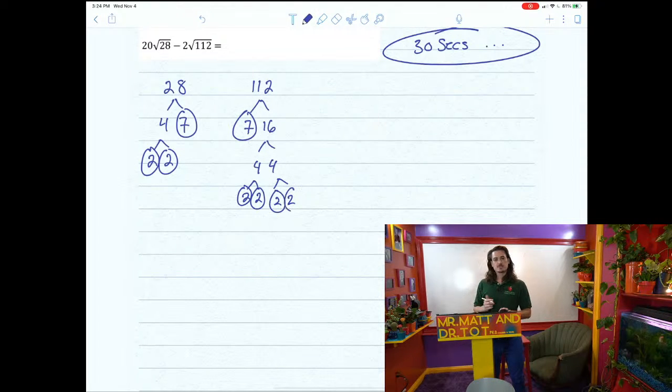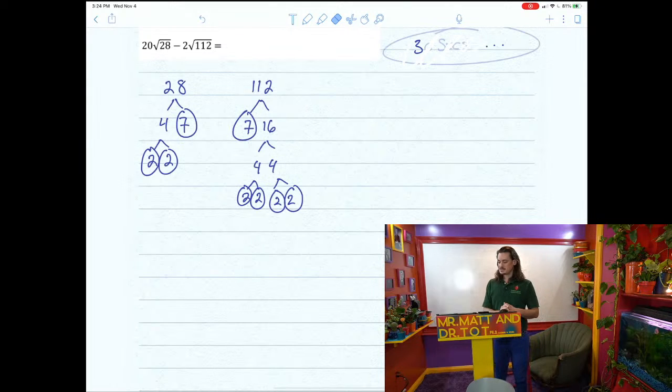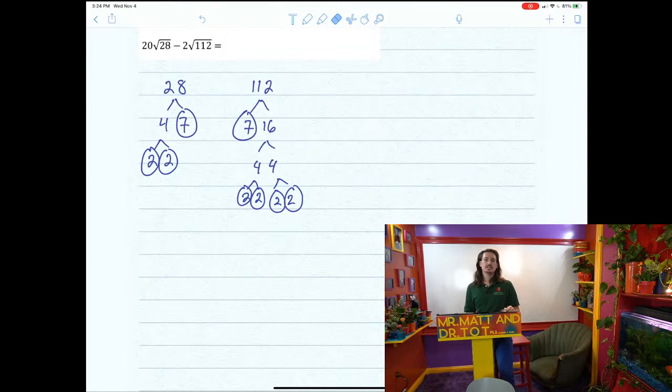Okay, so looking at this problem, we need to get common radicants. Right now, the radicants are 28 and 112. Those are not the same value, obviously, so we need to factorize both of them to see if we can simplify here. So taking the prime factorization of 28, 4 times 7 gives you 28. 4 breaks that into 2 times 2.